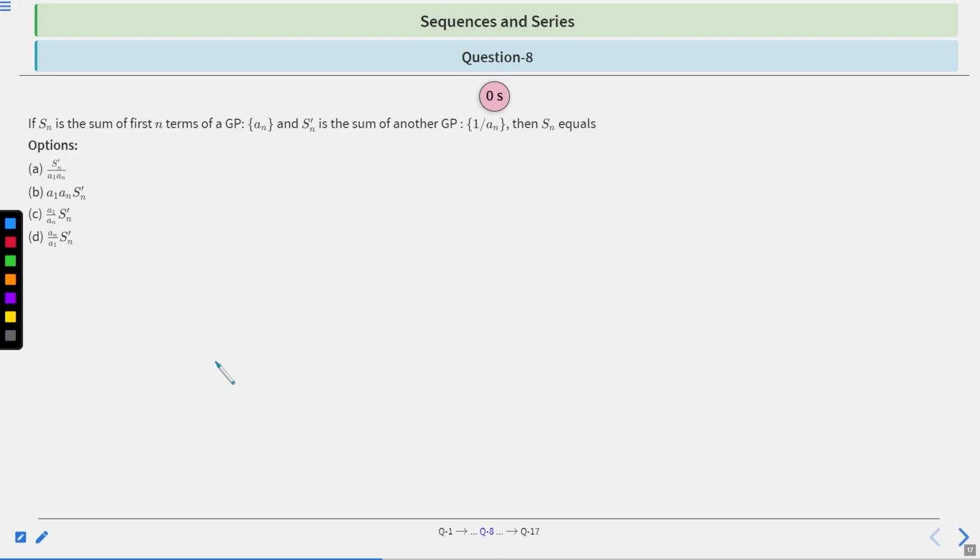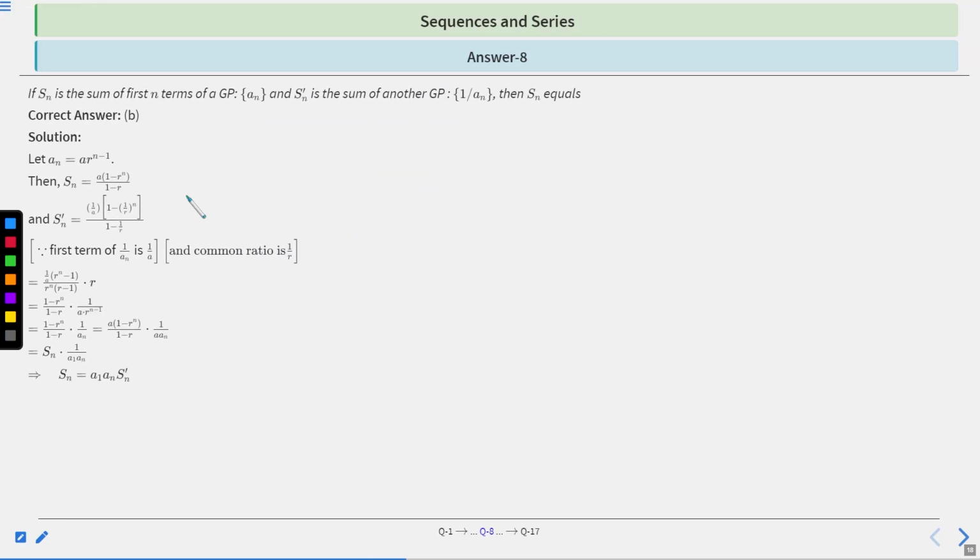Okay, let's discuss the solution. We know that in a GP, an is a r to the power n minus 1, right? And the summation of a GP is a into 1 minus r to the power n upon 1 minus r. And we have another GP having terms 1 by an, and Sn dash is the sum of n terms, right?